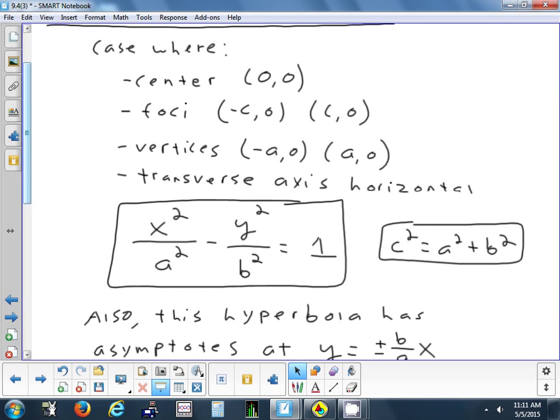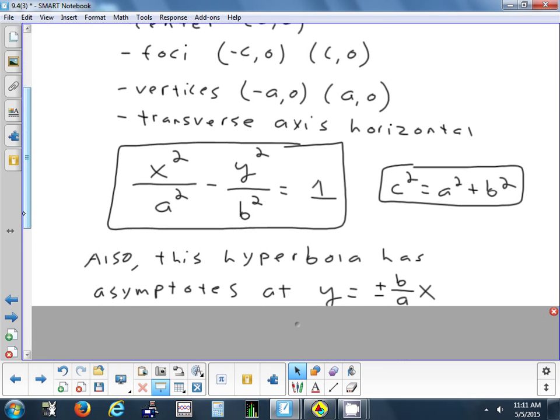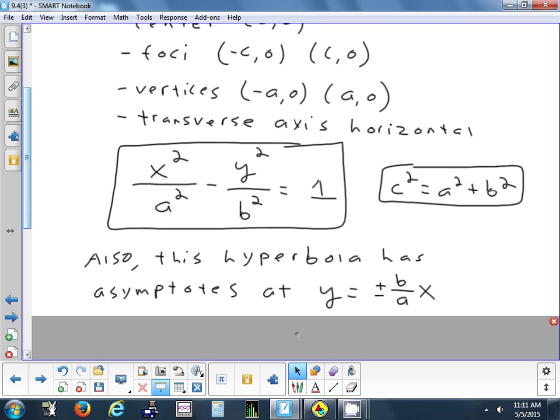There's also one extra thing we have to find in a hyperbola that we didn't have to find in an ellipse, and that's asymptotes. These two branches, when you draw them, they're basically bounded in by two diagonal lines, two asymptotes.